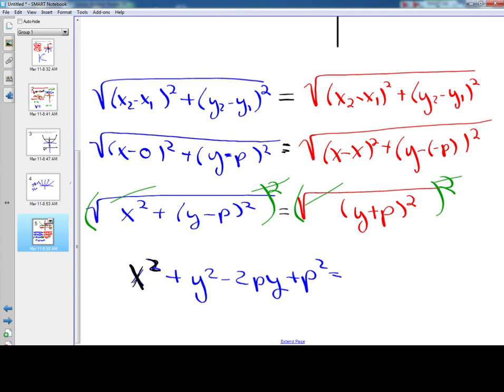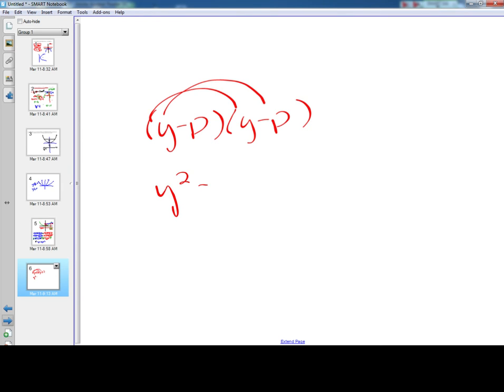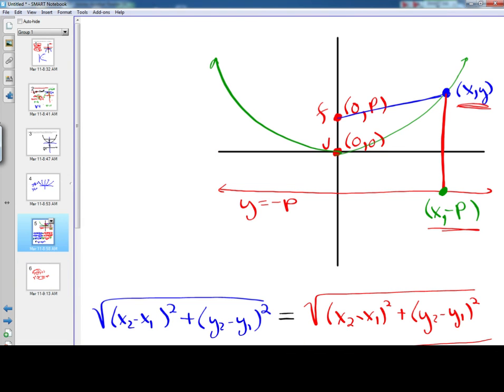Do you want me to show it to you now? Y minus p times y minus p. Y times y is y squared. Y times negative p gives me negative yp. And then this gives me negative yp. See how it happens twice? And then I get positive p squared. So that's why it's two of those.